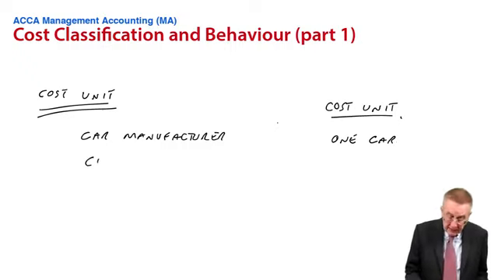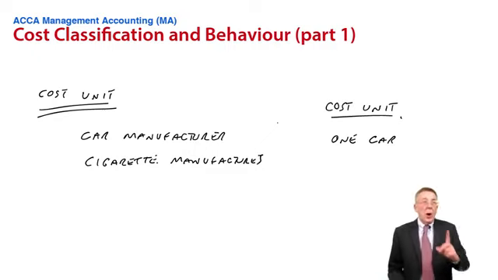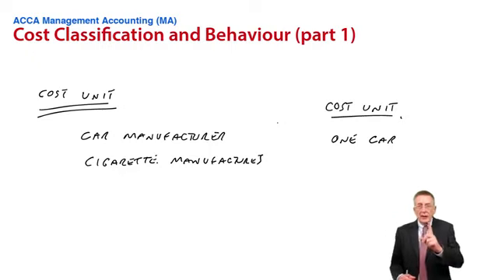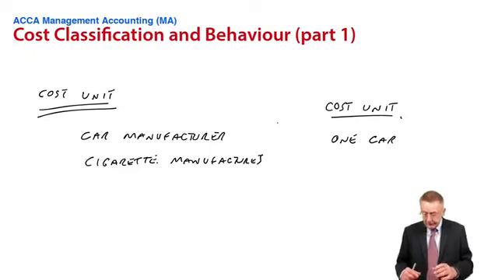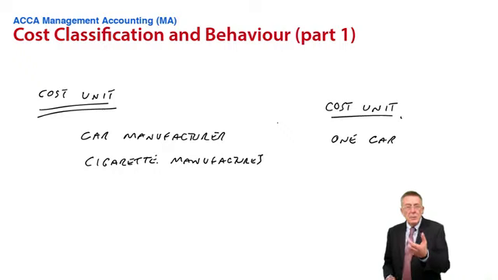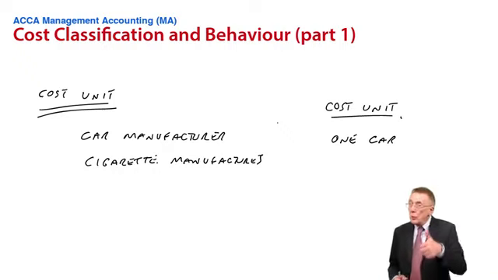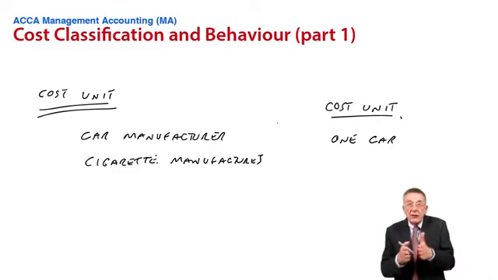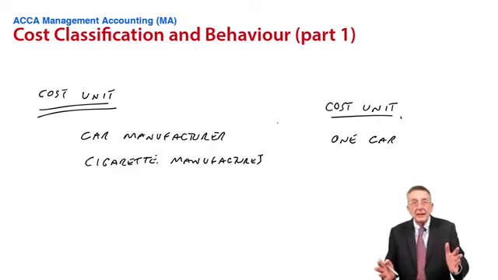But what about a cigarette manufacturer? Now you could say, oh, one cigarette, but the thing is, they don't sell just one cigarette. When we sell them, perhaps they're in packets of 20. So surely my cost unit more sensibly would be one packet, not one cigarette, because of course the packet has not only the cost of the cigarettes within it, but the cost of the packing as well.